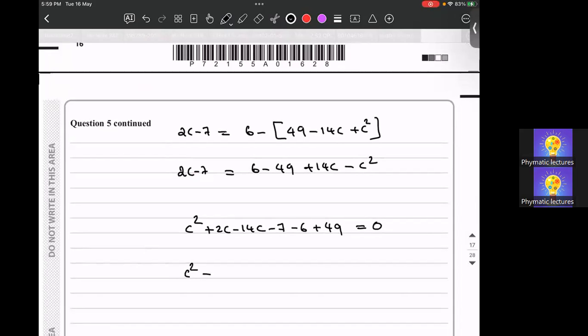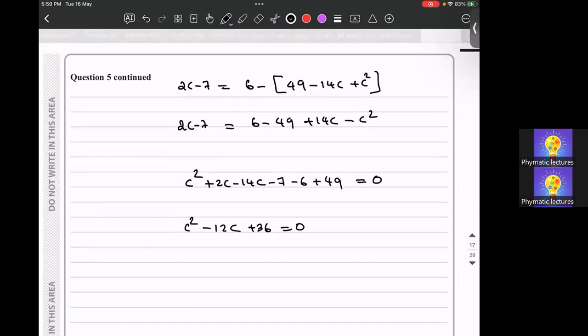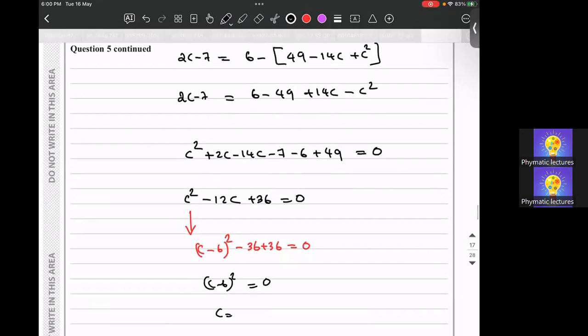Eventually c square minus 12c plus 36 is equal to 0. Completing the square, it becomes (c minus 6) whole square minus 36 plus 36 is equal to 0. So (c minus 6) whole square is equal to 0. That implies c is equal to 6.